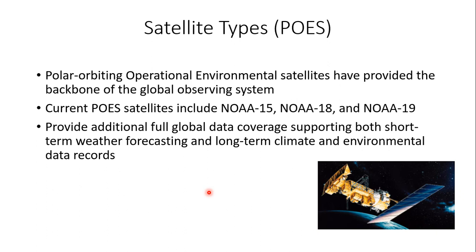So polar orbiters are great for very high resolution details of what's going on beneath them. Geostationary are getting much better as far as resolution goes, but the polar orbiters really do provide that good detailed look as they orbit overhead over certain swaths of longitude.